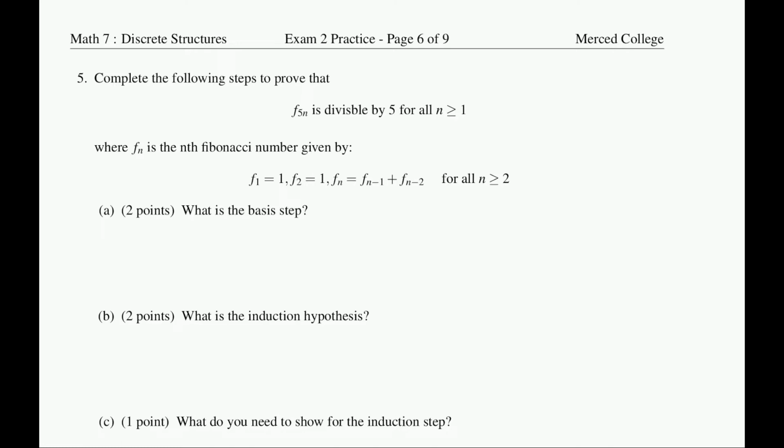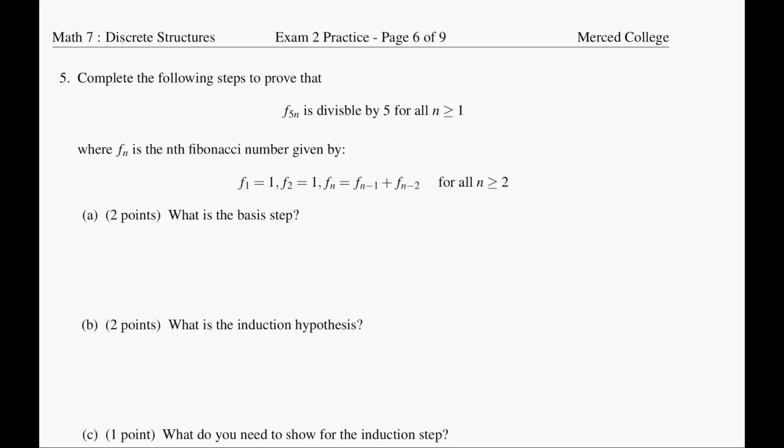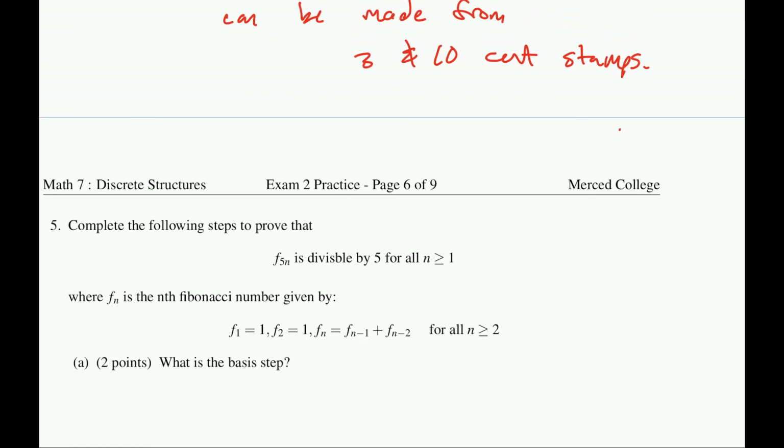Problem 5 says complete the following steps to prove that f of 5n is divisible by 5. If you look at the Fibonacci numbers, let me just write some out. f1 is 1, f2 is 1, f3 is 2, f4 is 3, f5 is 5.